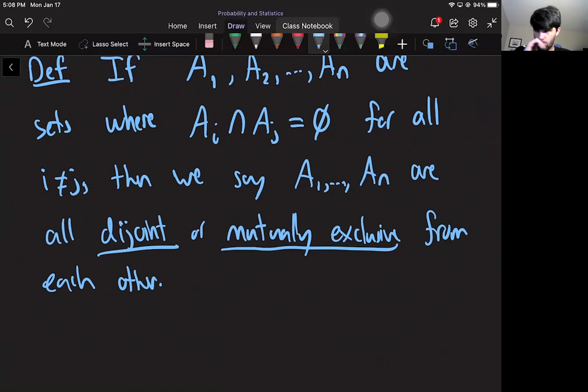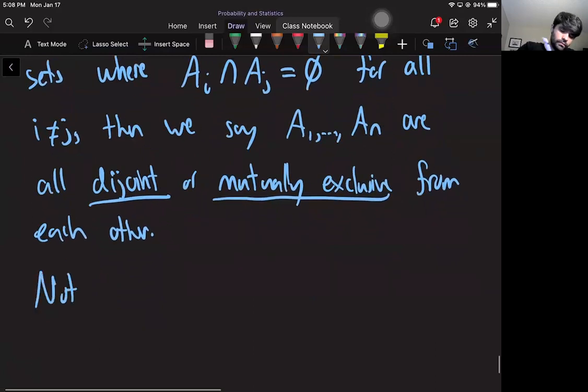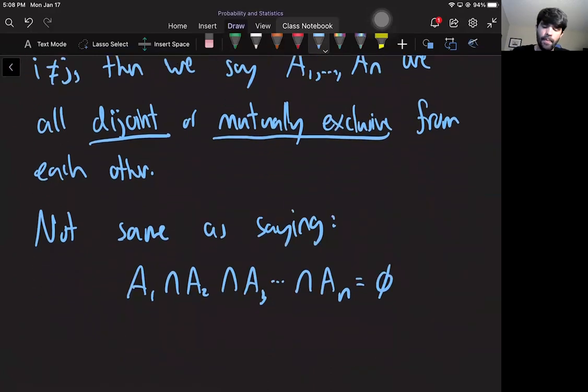And that's because it is a little bit different from saying something like this. You can't just say that this is empty. That's not enough, actually.